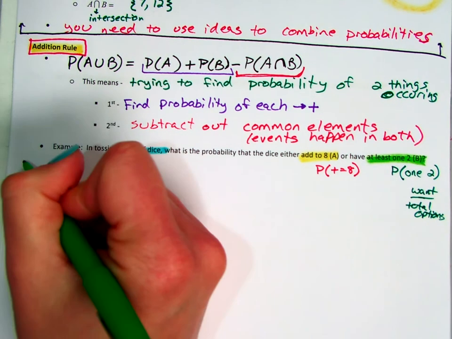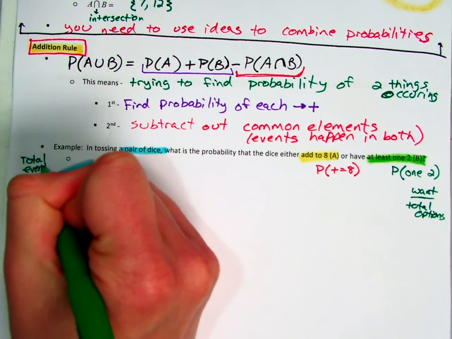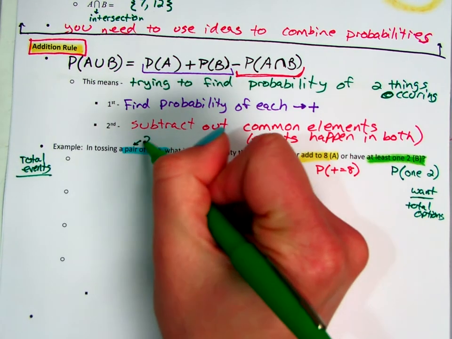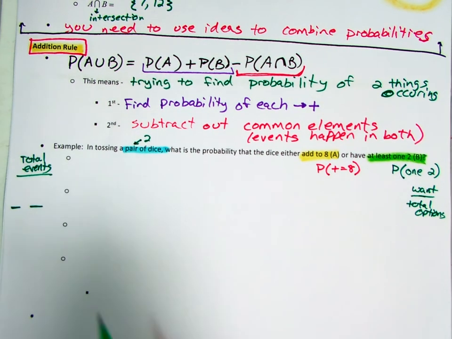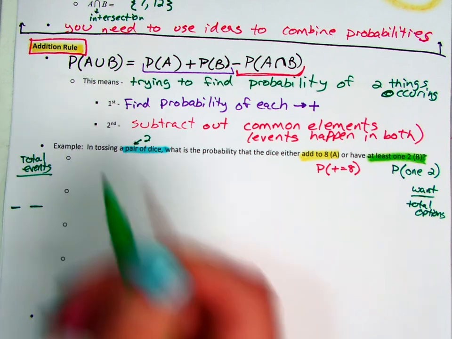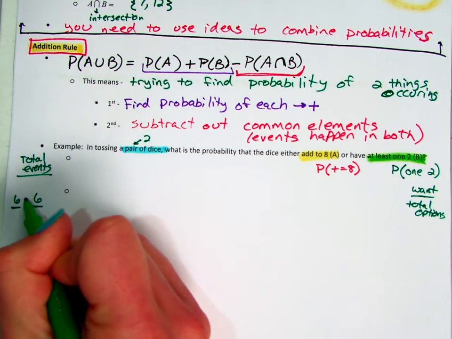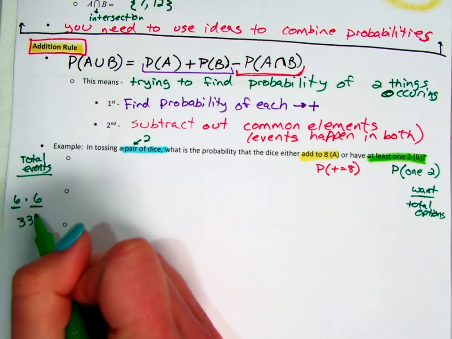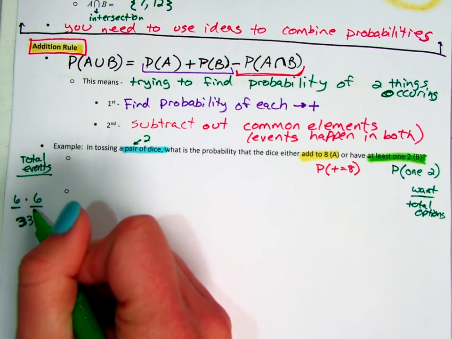If I were trying to find the total events in a die, we're tossing a pair, meaning 2. So I have 2 things that I'm rolling, and if I'm rolling a die, the options are 1 2 3 4 5 6. So there are 6 options for the first die, there are 6 options for the second die, and I multiply them together to get 36 total options.